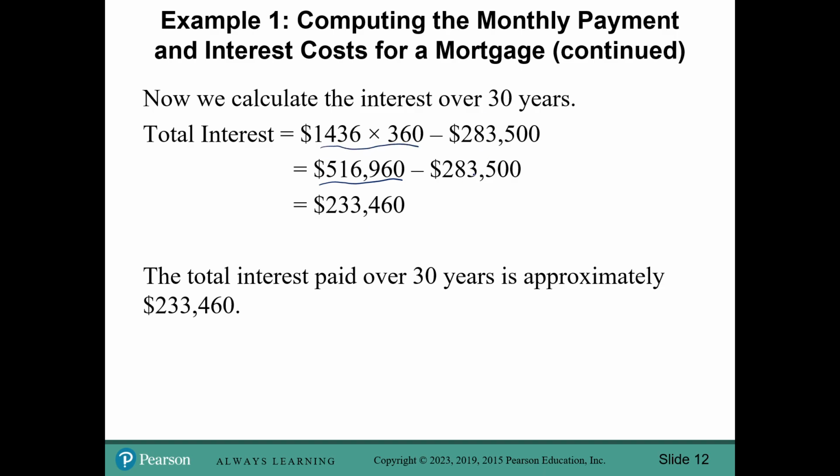Now, we take that total amount that we have paid over the lifetime of this loan and subtract it from what we mortgaged, $283,500. That's the amount mortgaged.